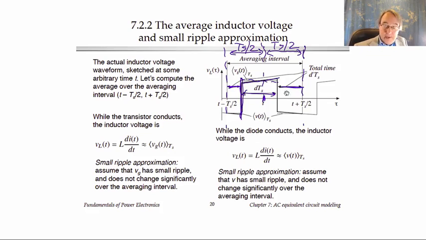So during the D prime interval, we also assume that the inductor voltage during those two intervals is the same. So during the second interval, the inductor voltage is the output voltage V, and we will take it to be its average, or average V, which is the same value here as it is here.